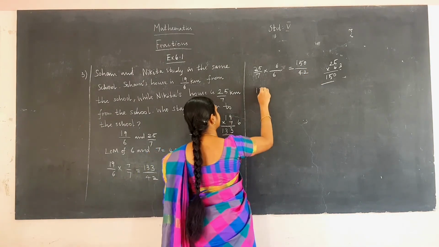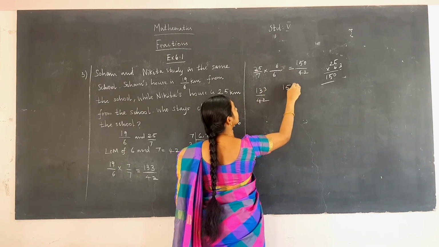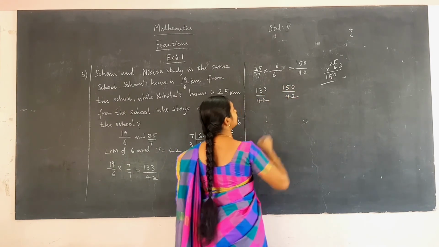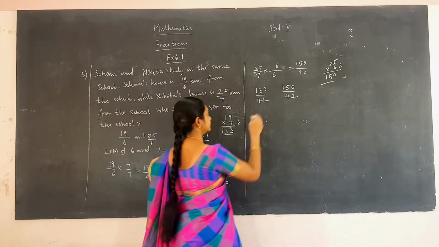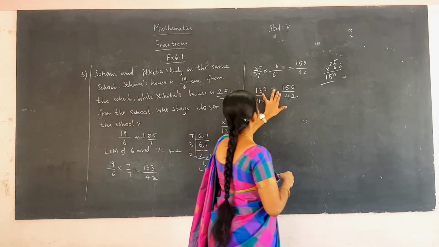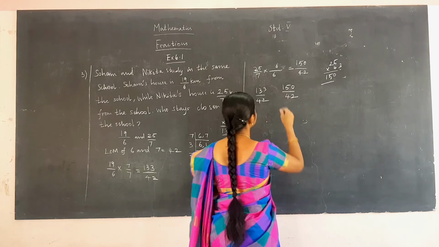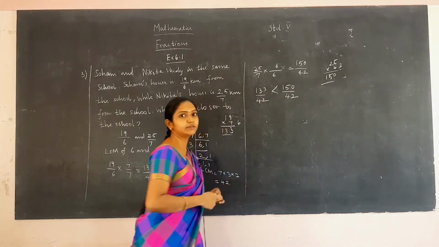Now compare this. We have to find which distance is smaller. 133 is smaller when comparing with 150.